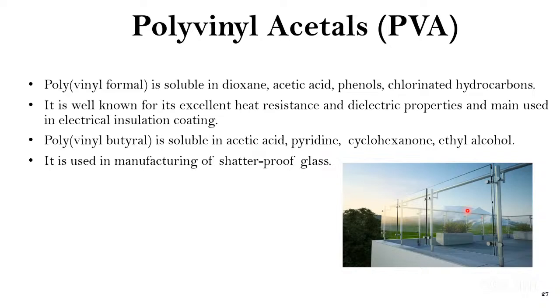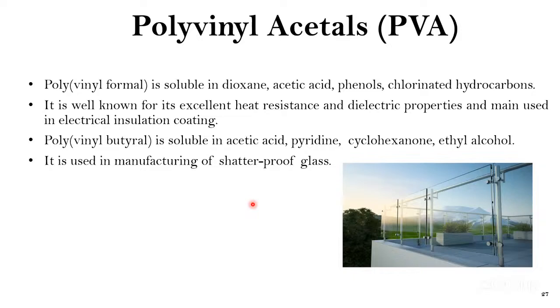if I throw a stone at this glass slab, then there might be a chance that the glass will break into pieces. So what they do is form a very thin layer of polyvinyl butyral, and these two glass sheets will be stuck together, meaning this polymer joins the two glass sheets.